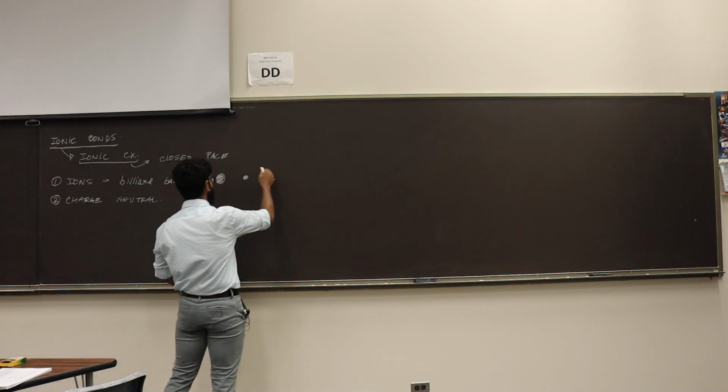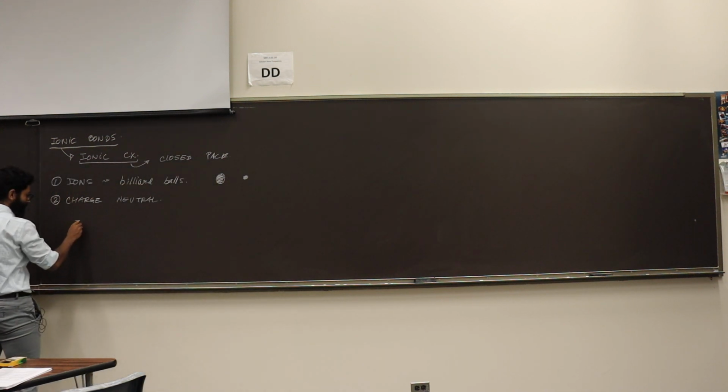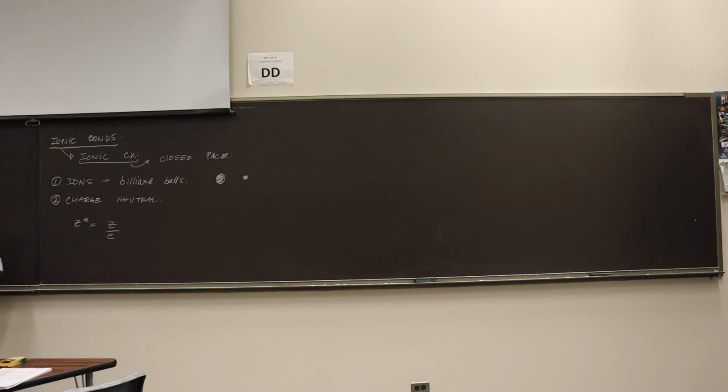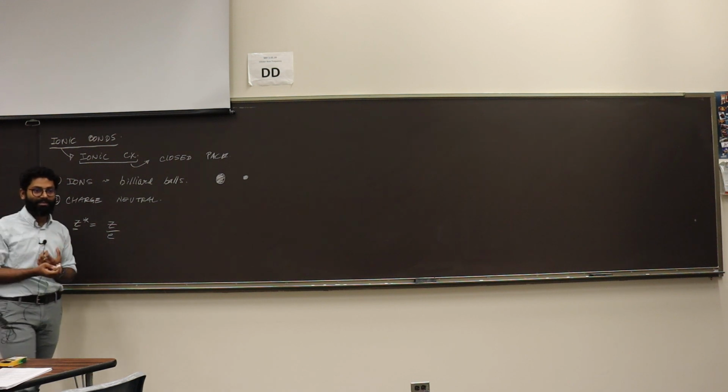Remember Z star, which was Z by E. This was the effective atomic number. And this basically gives you an idea about the size, right? So the bigger this is, the smaller the size gets.